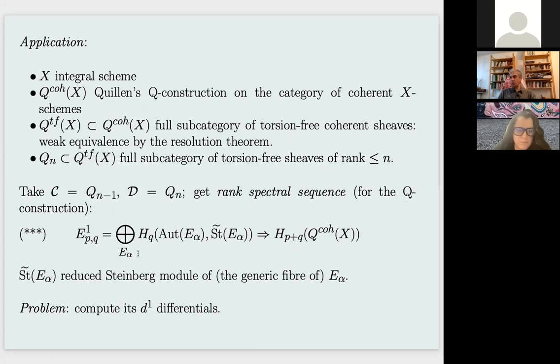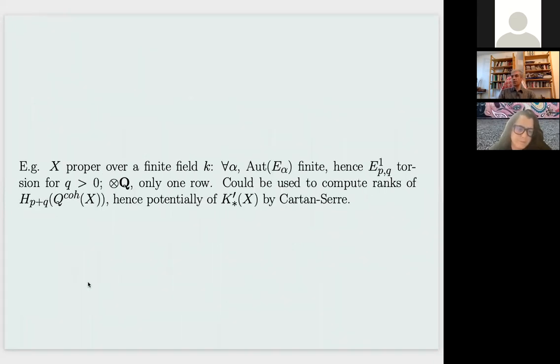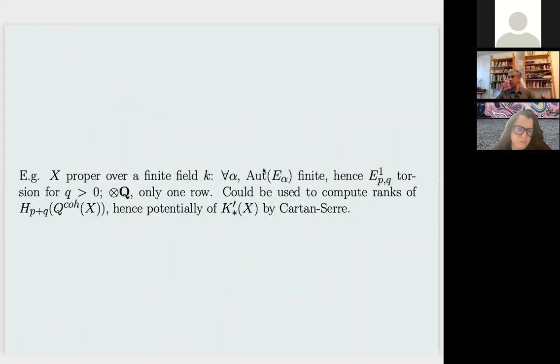So, if you want to use this spectral sequence, the first thing to understand is its D1 differentials. To explain how it could be used, let me take an example: suppose that my X is proper over a finite field K. Then the automorphisms of these torsion-free sheaves are finite, and therefore the E1 terms are torsion for Q bigger than 0.